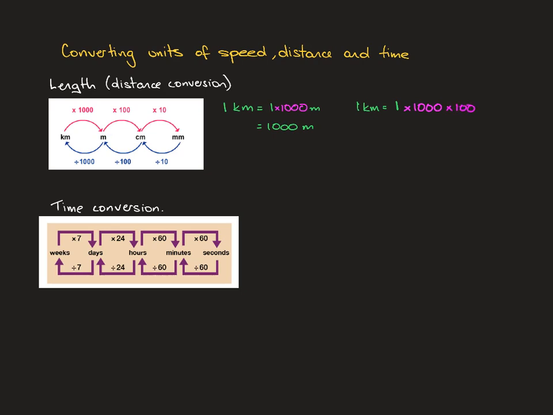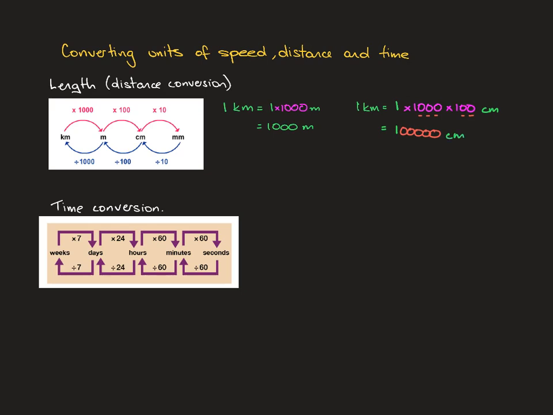I can pull my calculator out and multiply that together, or I can just say it's 1 and count up: 1, 2, 3, 4, 5 zeros. That's how many centimetres I've got.